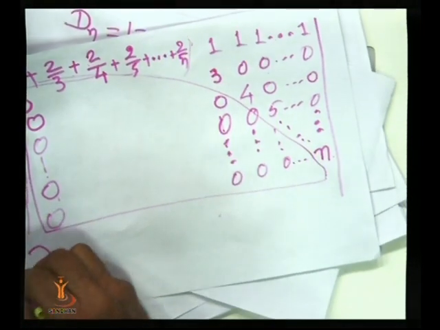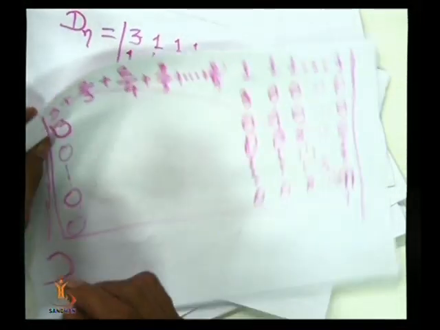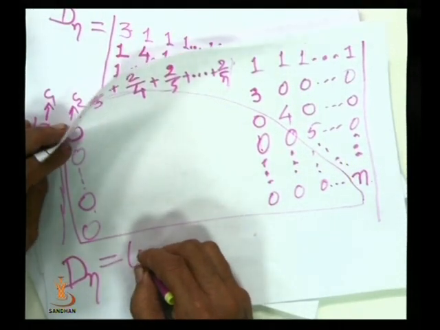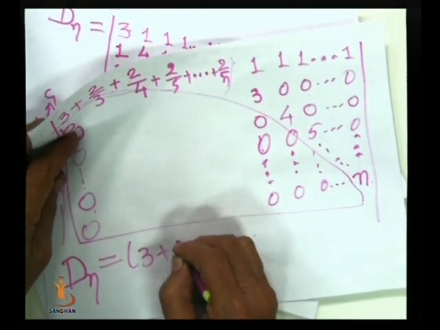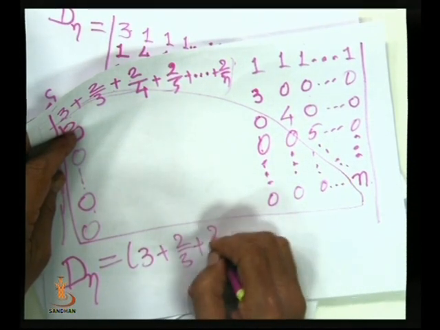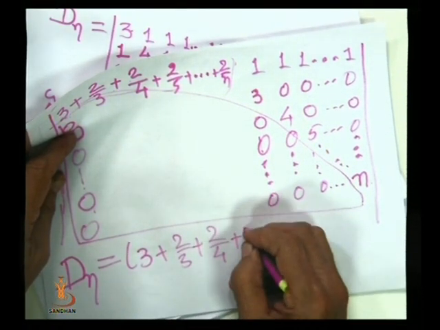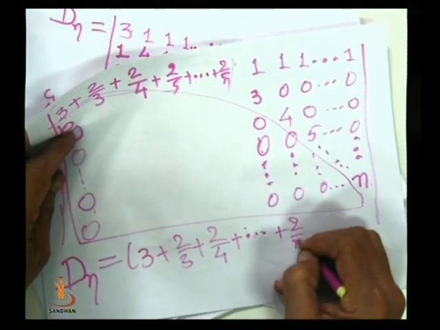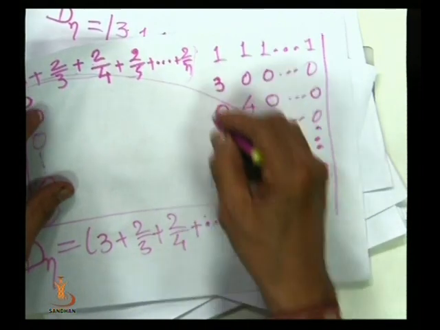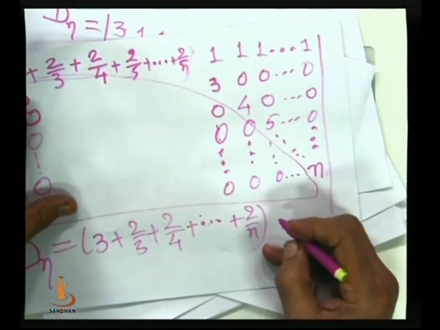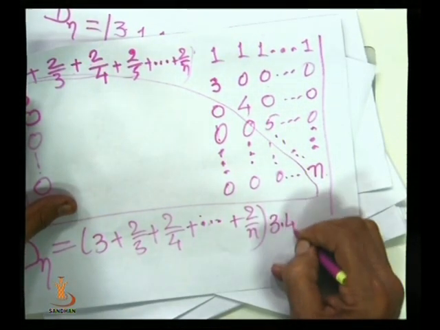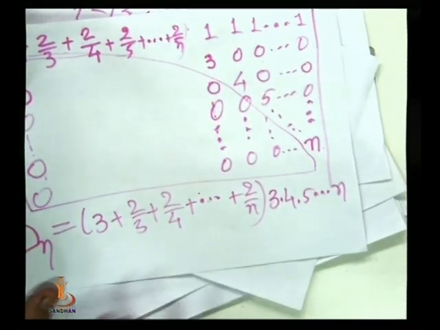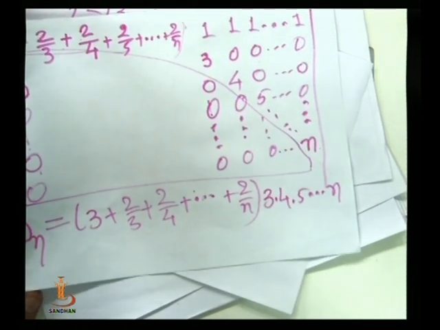So if I denote this by dn, as we have already denoted, dn is nothing but 3 plus 2 by 3 plus 2 by 4 plus, and so on, plus 2 by n, into this product. So this is the first element, then 3, 4, 5, and so on, n. So this is the value of the determinant.